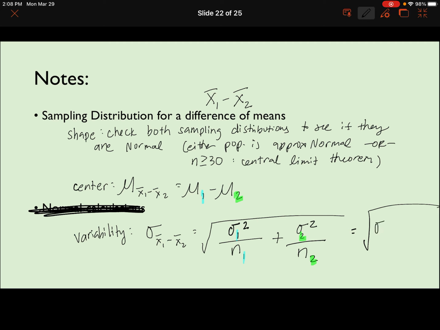If you know those, which we already do, we know they're 0.6 and 0.91, I can write this out as the standard deviation of my first sampling distribution, and I'm going to want to square that. And I'm going to want to add the standard deviation for my second sampling distribution and square that. Both of these work just because we already calculated our standard deviations of the sampling distribution. The second one's easier.